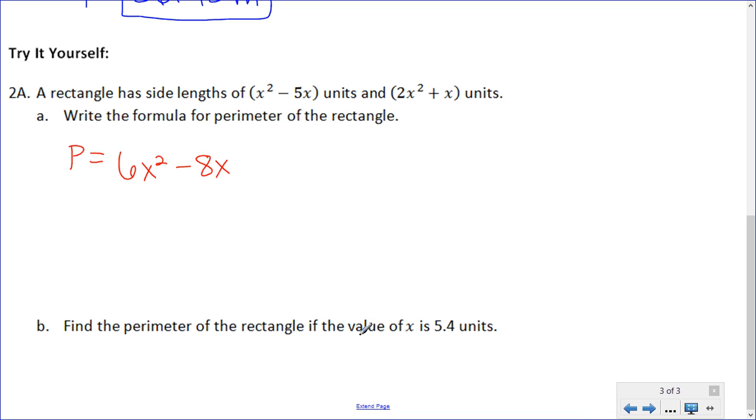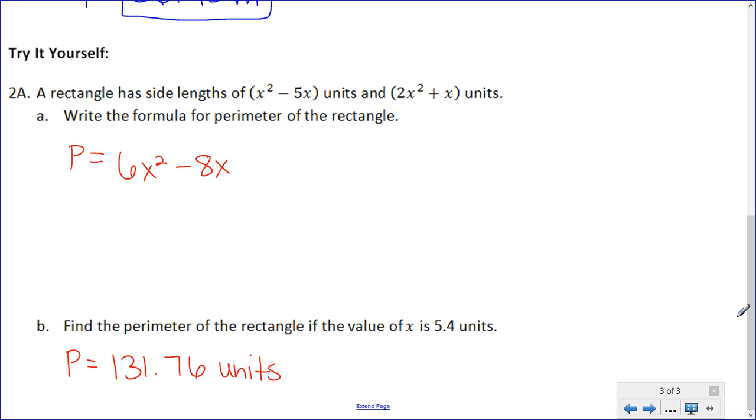And then when you substitute 5.4 for x in part B, you should end up with a perimeter of 131.76 units. And I think, oh no, we did put units on that last one. I thought maybe we had forgotten them.